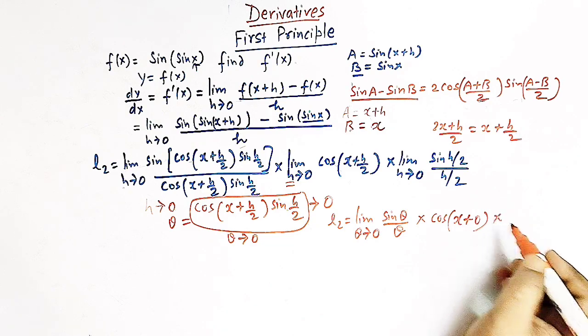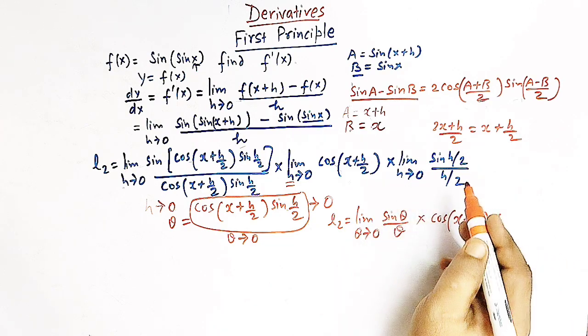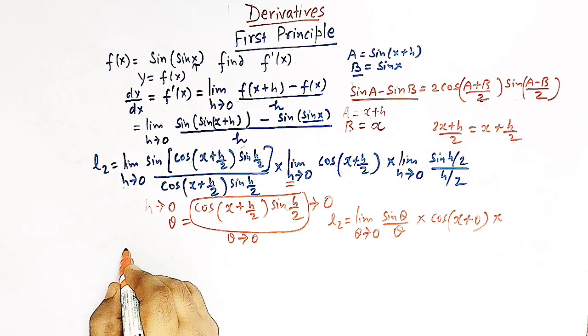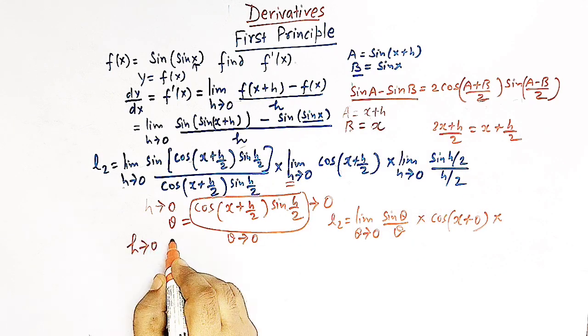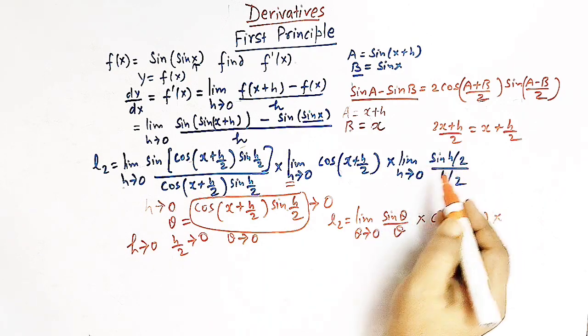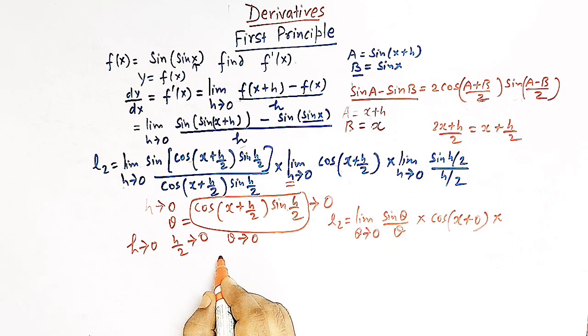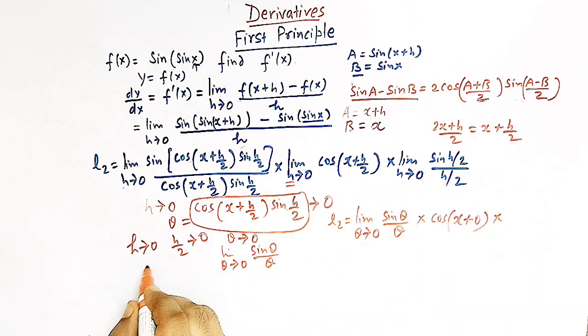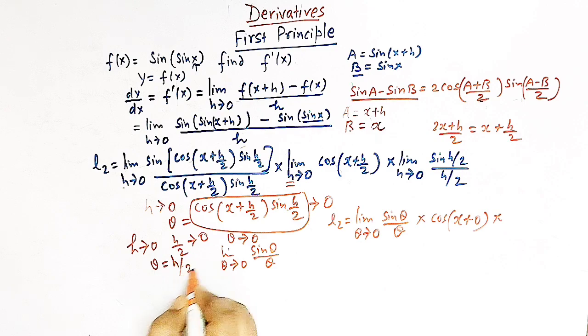And then we have limit h tends to 0 sine h over 2 divided by h over 2. When h tends to 0, h over 2 also tends to 0. So again we have this form, limit theta tends to 0 sine theta over theta, where theta is equal to h over 2.